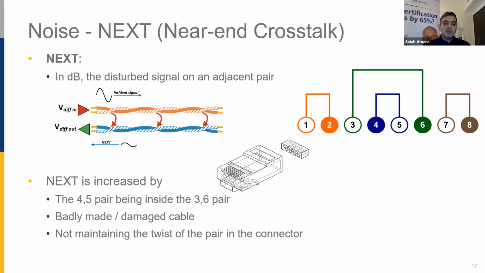Badly made or damaged cables and not maintaining the twist of the pair in the connector are all reasons for failing NEXT. The device itself will tell you that you have a problem in NEXT, predict the possible causes of that problem, and give you the troubleshooting in English.